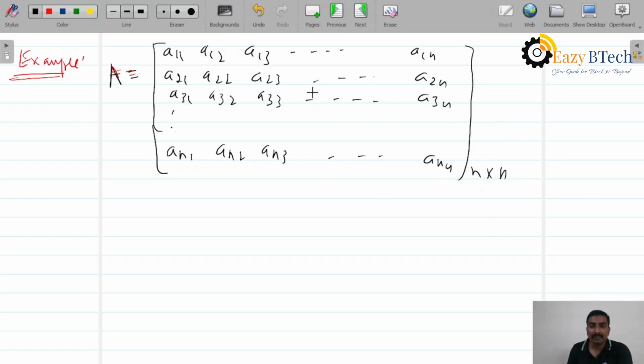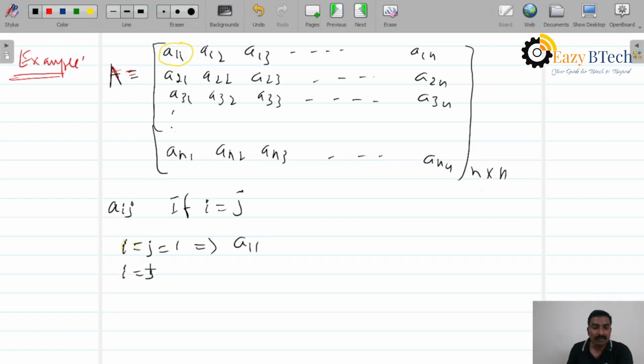In the square matrix, what I told you, Aij if i equals j. i equals j means i and j are both equal. Here if you observe, A11: i value is 1, j value is also 1. That means i equals j equals 1 means A11.